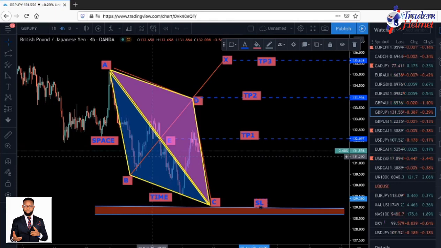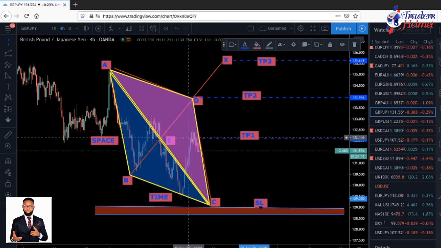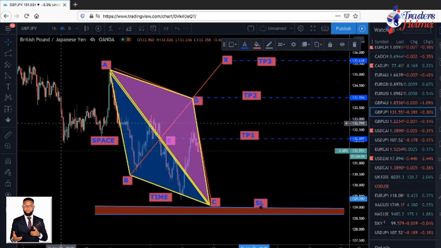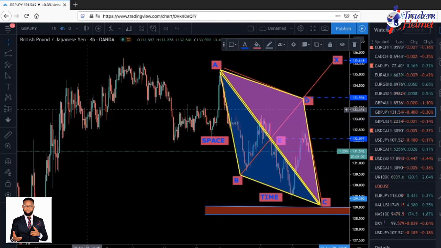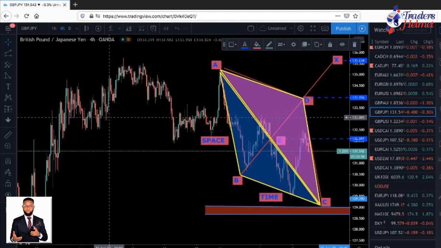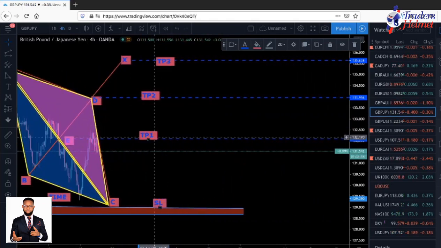You can see price has reacted here before, and if you trace back, you see that price keeps reacting here. Does this make sense? So that's where you have your take profit one.